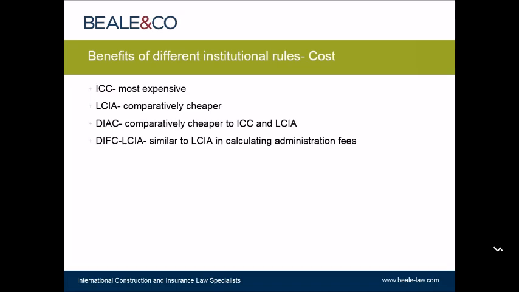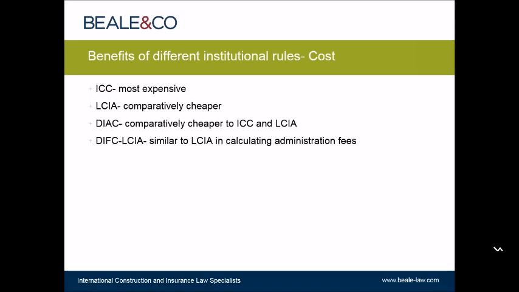Closer to home, and what we have seen as the most popular arbitration institution in the UAE, the DIAC, may be comparatively cheaper than both the ICC and the LCIA. The administration fee is based on a fixed percentage of the amount in dispute as per the DIAC table of fees and costs. The DIAC Executive Committee may adjust this either upwards or downwards because of the circumstances of the case.